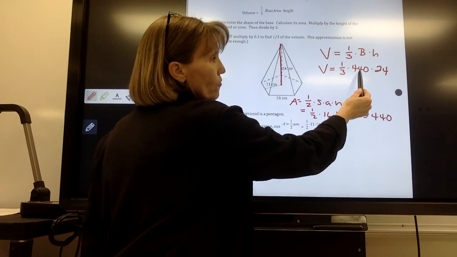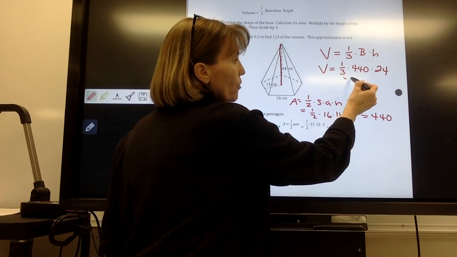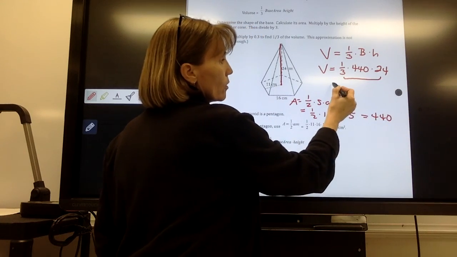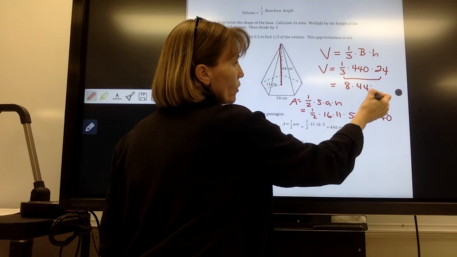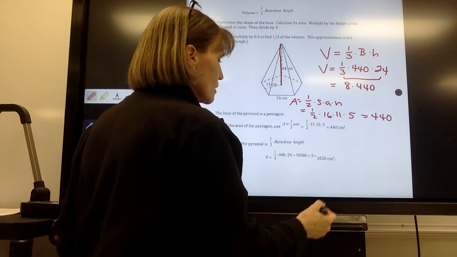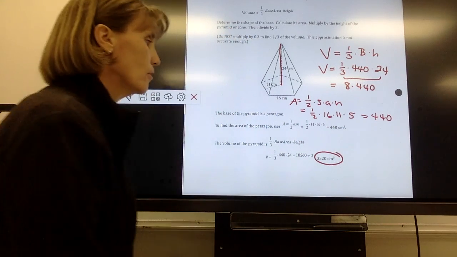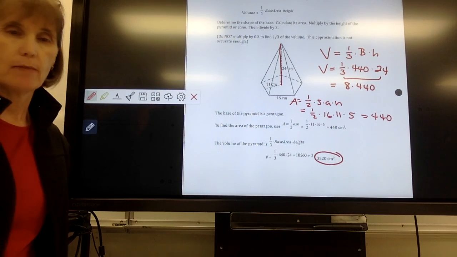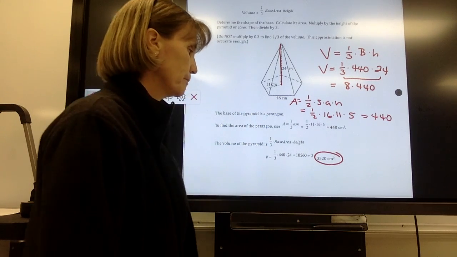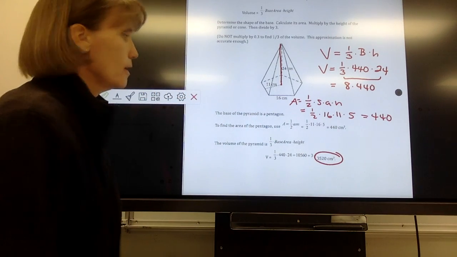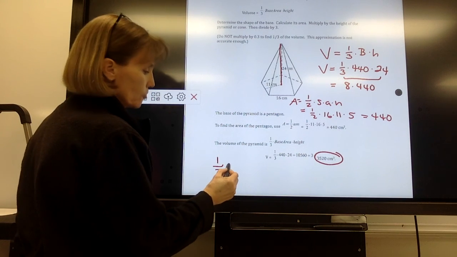Now, if I took 1/3 of 440, that is not going to go in evenly, but I could take 1/3 of 24. 1/3 of 24 is 8, and 8 times 440 is going to be equal to 3,520. And we're finding volume, so it's centimeters cubed. Okay, and some of you struggled a little bit with the fractions in chapter 10.